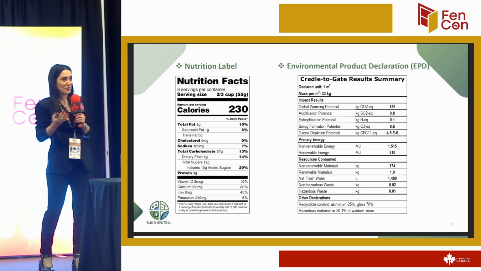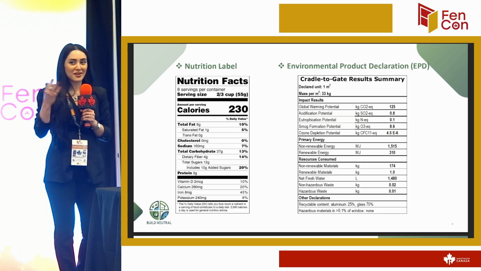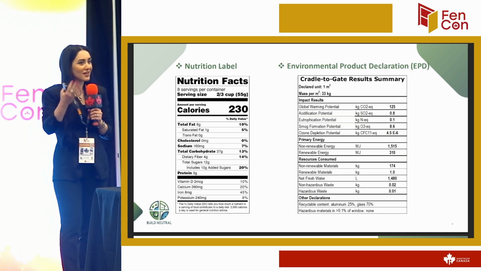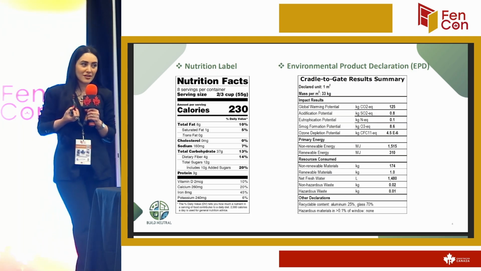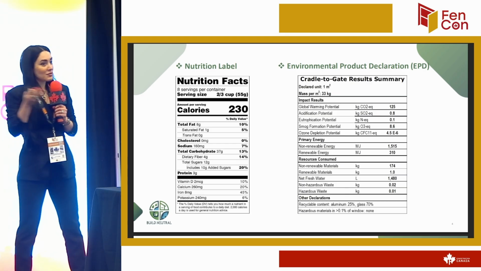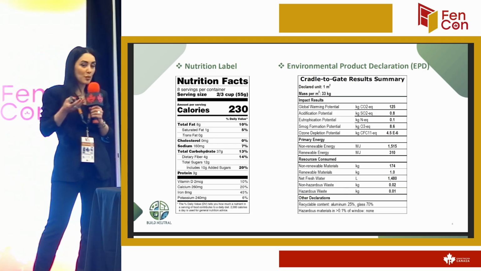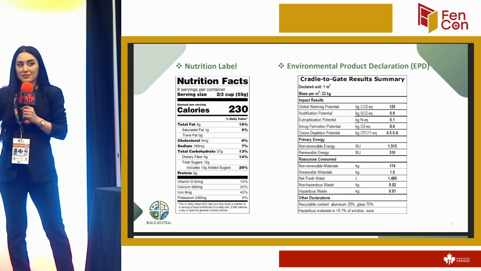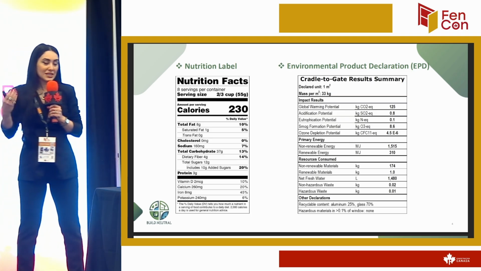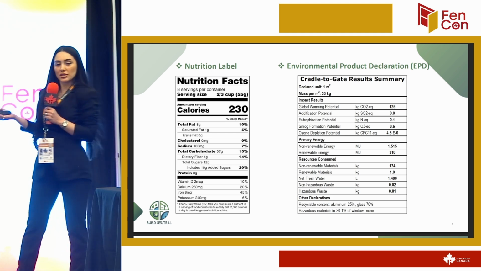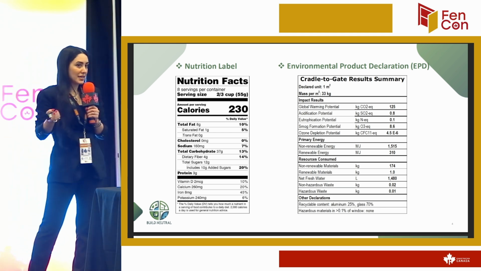Like, for example, you want to buy high-protein yogurt or high-protein milk. You see, okay, what's the amount of sugar, amount of carb, et cetera, in it. So EPDs are similar to those nutrition labels, but reporting the environmental impacts of a product. For example, it says how much global warming potential product X has.